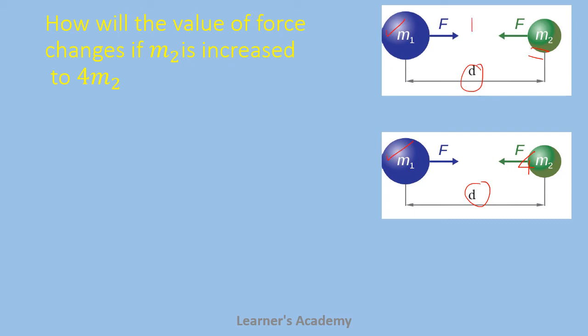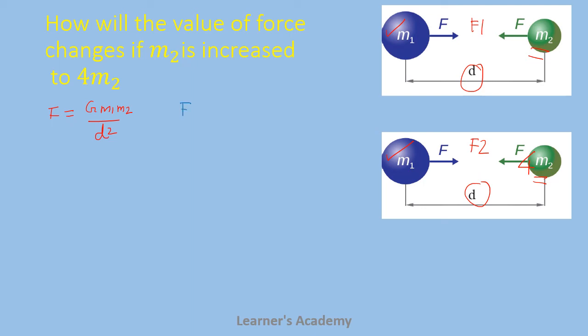So definitely force 1 will be different from force 2, because here the mass is 4 times the initial mass of the second object. We know the formula, the gravitational force between two objects is given by G m1 m2 divided by d square. And we also know that the gravitational force will be different if the mass is changed to 4 times.